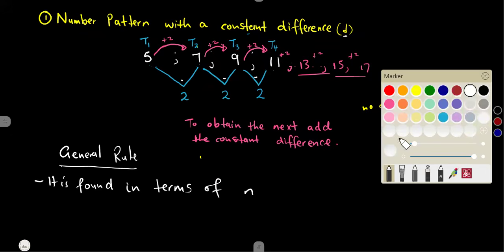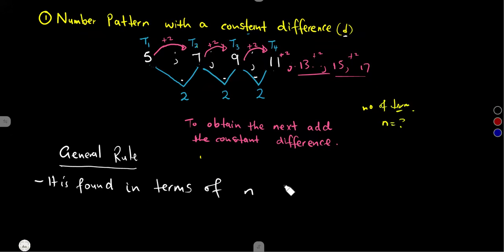So, for example, we want to determine the general rule. Remember, this was the number pattern that we're given: 5, 7, 9, 11, and so on. We want to know the rule that is creating this.